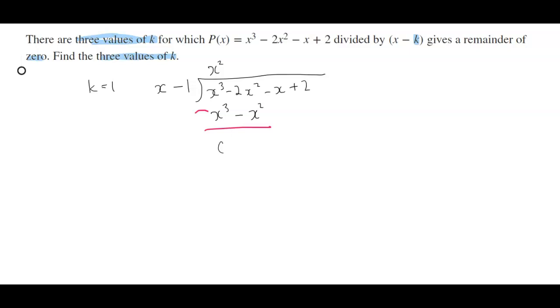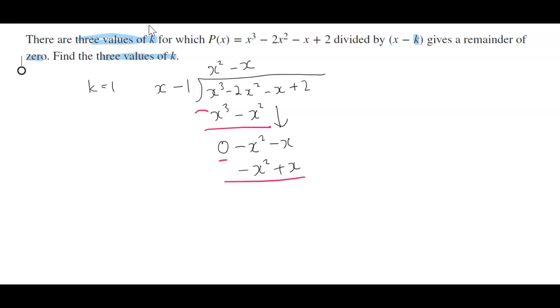That looks good. So 0, negative 2x squared minus negative 1x squared, so plus, so it's going to be minus x squared. And then we're going to have negative x squared, and then negative x times 1 is plus x. Bring that negative x down.